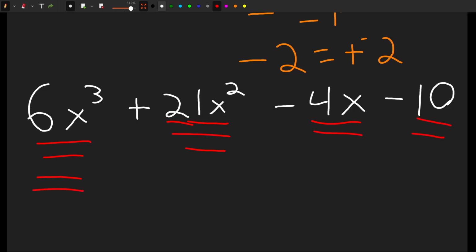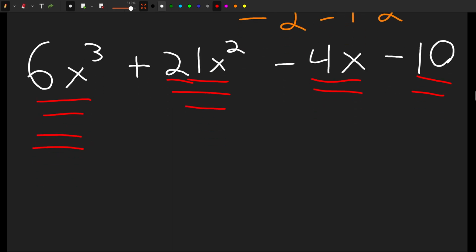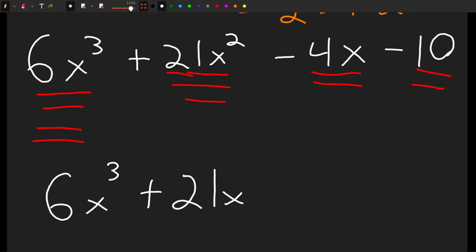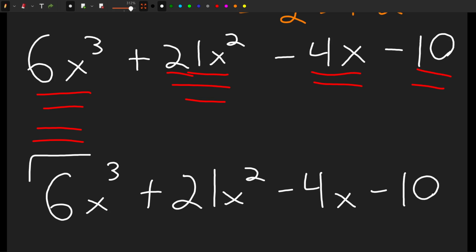And 10 is just 10. It can't combine with any of the x's because it doesn't have a variable. So in this case, I'm just going to rewrite what we already wrote. Our answer is 6x cubed plus 21x squared minus 4x minus 10. That's our answer.